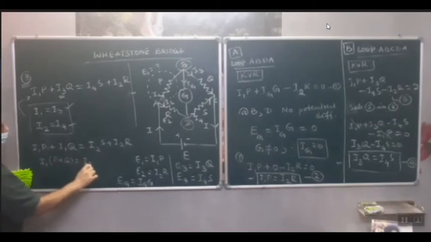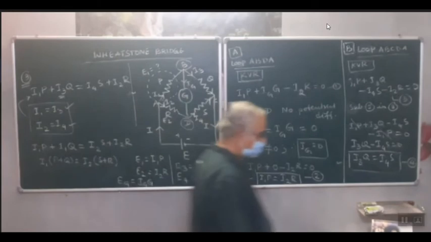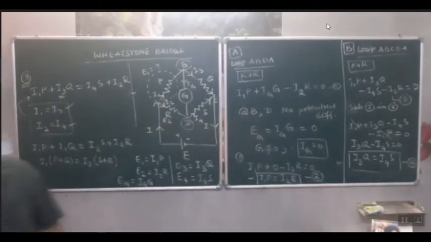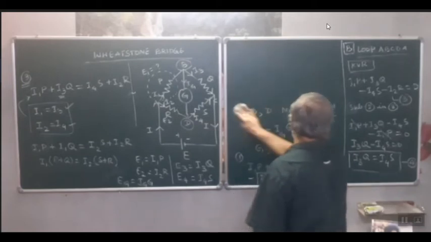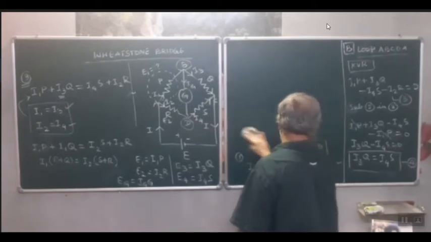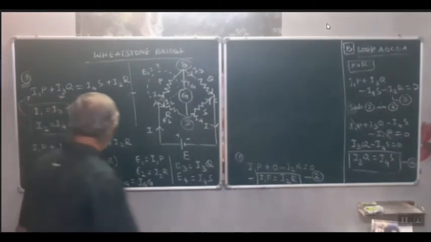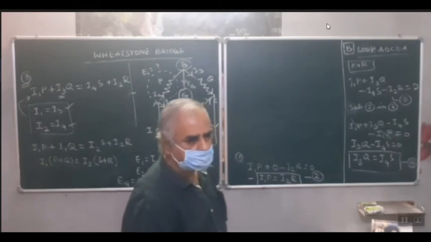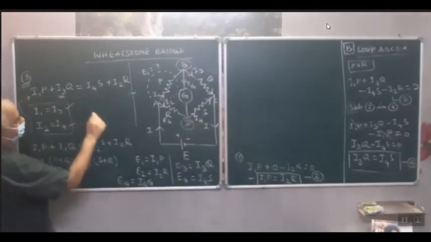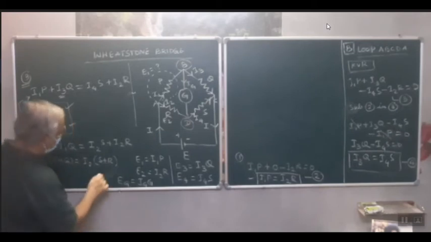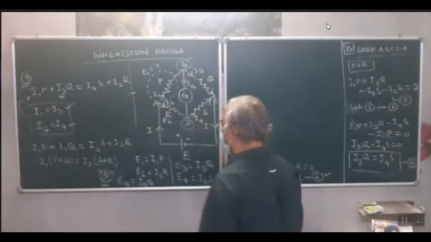So I1 into P plus Q is equal to, similarly on the right side, I2 is common, so I2 of S plus R. Let us consider this as equation number 5.